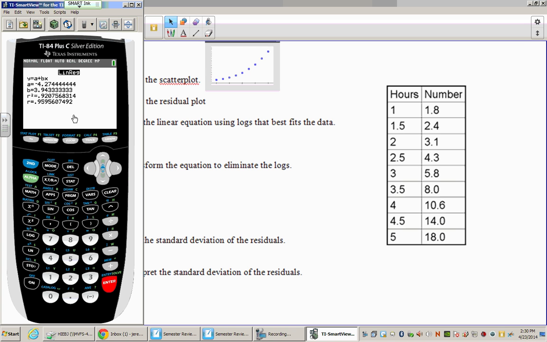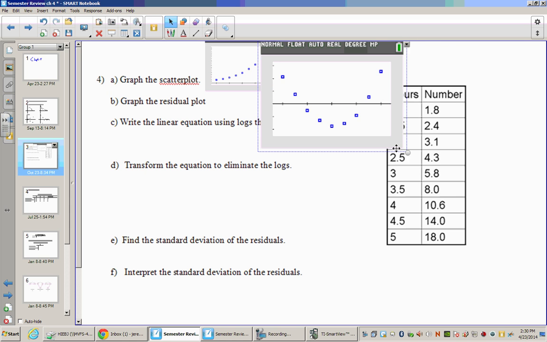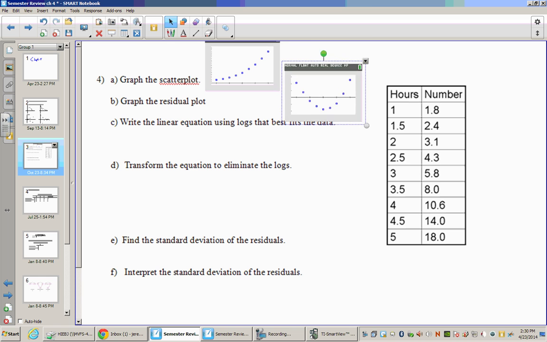Once I do that, my residuals are automatically thrown in a list. So I'm going to go to my stat plot, turn it on, and now I'm going to graph L1 versus my residuals. To do my residuals, I hit second stat, go to number 7, hit enter, zoom 9 again, and there's a great residual plot.